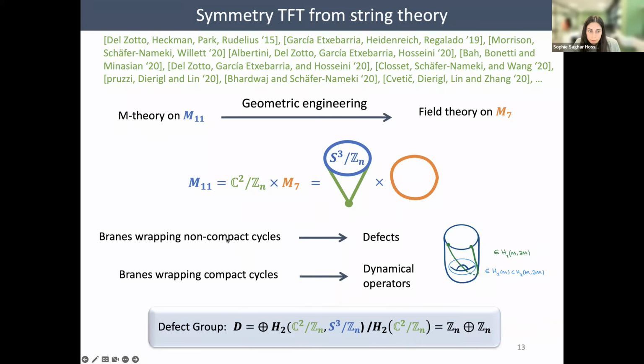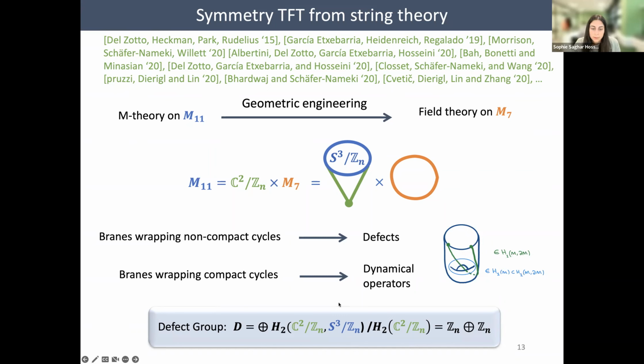And when I wrap branes on cycles which are defined relative to the boundary, so these are cycles that, if you identify all the points in the boundary, you get a cycle, and it's an element of this group. So when I wrap branes on these, what I find are defects in the theory, and defects can be screened by the dynamical operators.